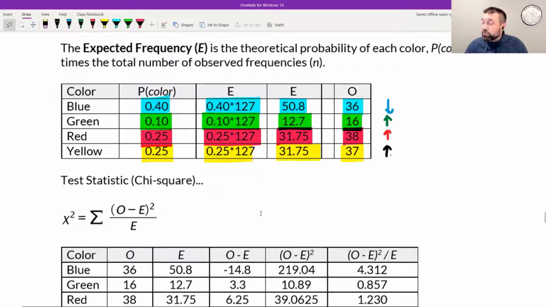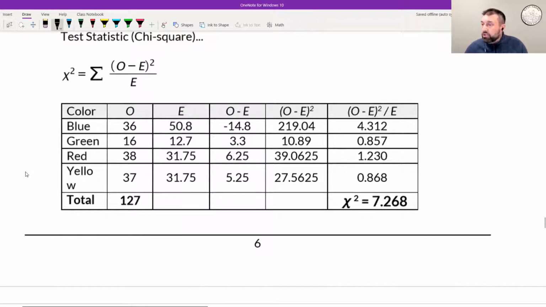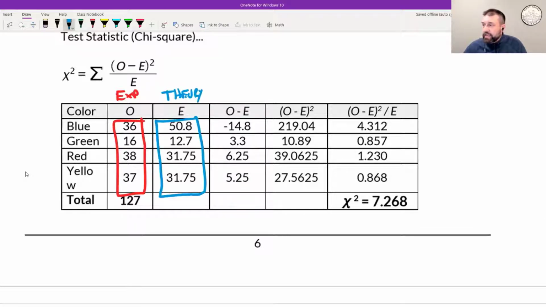Let's figure out chi-squared. So once again, you take your experiment. This is our experimental data. This is the number of fruit snacks when we counted them. This is the theory from the company, taking our 127 and breaking it into those ratios that the company had given us earlier. We find the difference between the two.